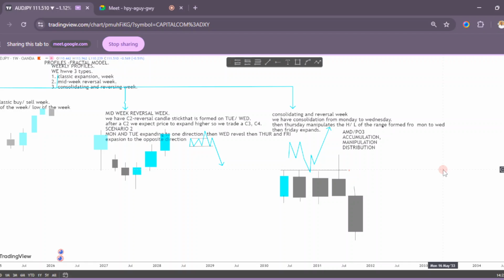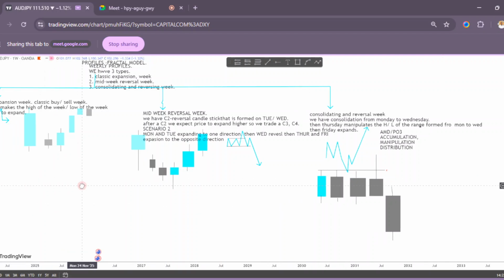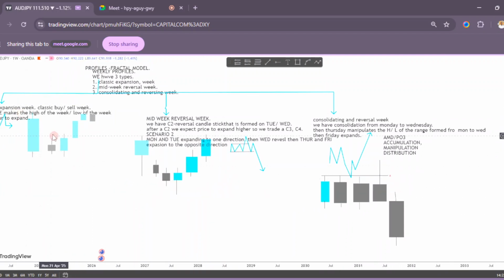Monday does not give us data for the week unless it's a classic expansion week. If it's a midweek reversal or a consolidating reversal week, Monday does not give us any profile or data, because in a classic expansion week, either Monday or Tuesday can give us the low or the high of the week. So the only time we refer to Monday is on a classic expansion week; otherwise, avoid trading on Monday.